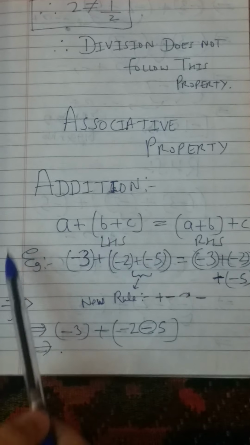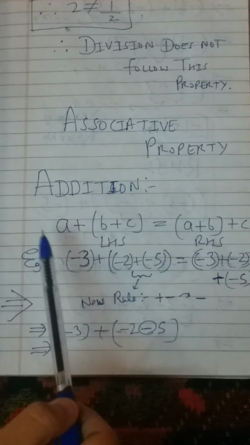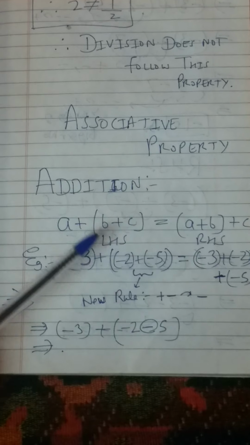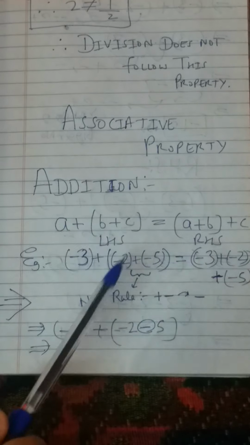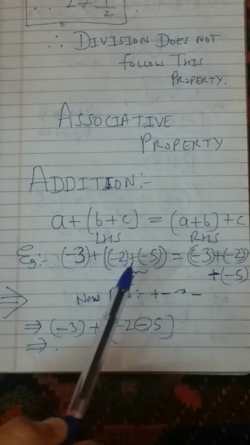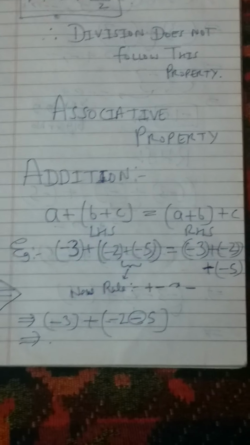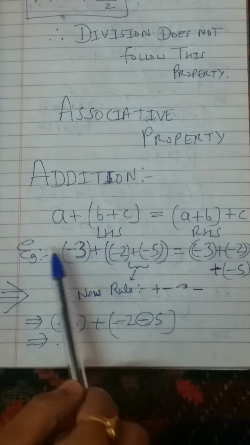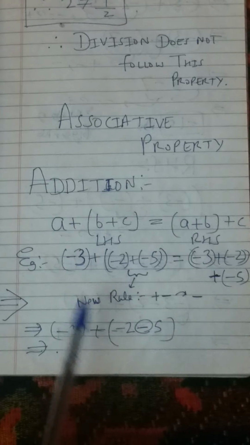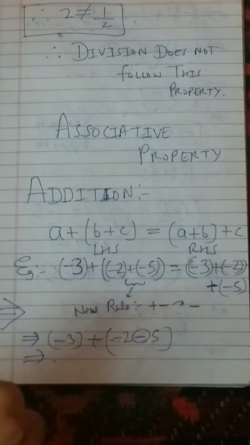If we take an example, a equal to minus 3, b equal to minus 2 and c equal to minus 5, our left hand side becomes minus 3 plus (minus 2 plus minus 5). So here we first solve the left hand side. Here comes a new rule.